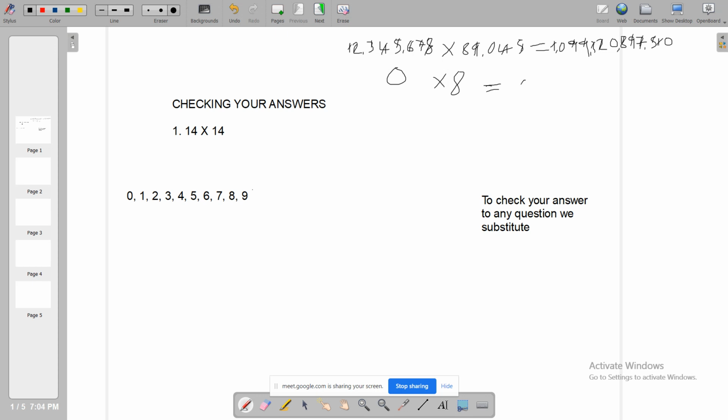Right. Okay. Now from your math experience, 0 times any number is what? 0 times any number is what? No, are you saying the same number? 0 times any number is what? 0. Is 0. So here will be 0 equals to 0.